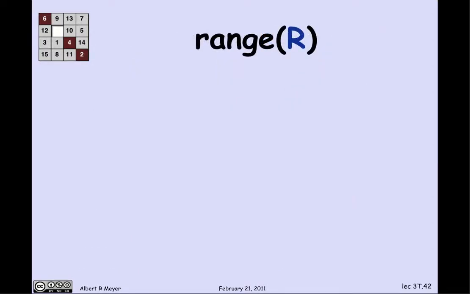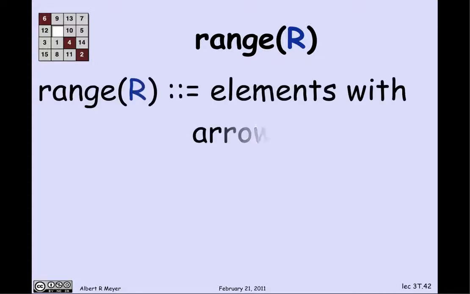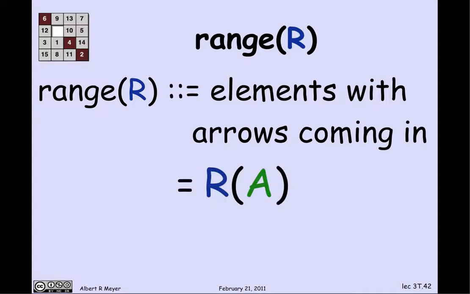So the range of R is an important concept that comes up regularly and tends to be a little confusing for people. The range of R is simply the elements with arrows coming in from R. It's all of the elements that are hit by an arrow that starts in the domain.